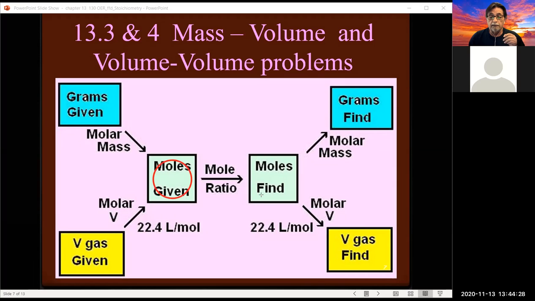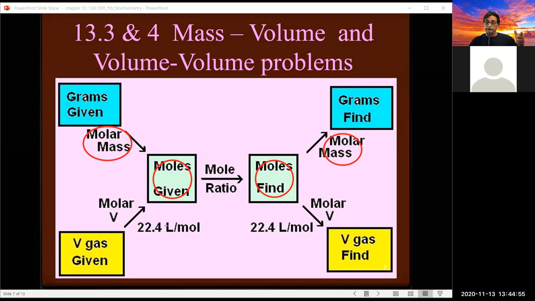We were in the white boxes. In the beginning of this chapter, we were in the white boxes. We were just given the moles, and we utilized the mole ratio to get from point A to point B. But this expands it because you know the molar mass, okay? The molar mass is in units of grams per mole.